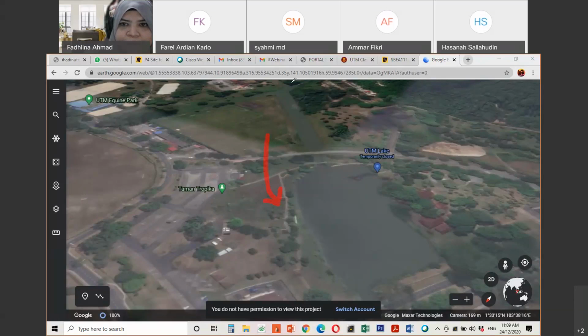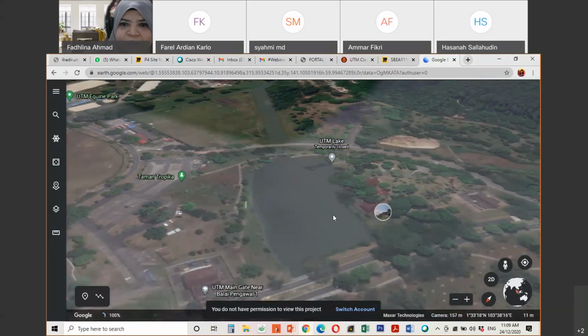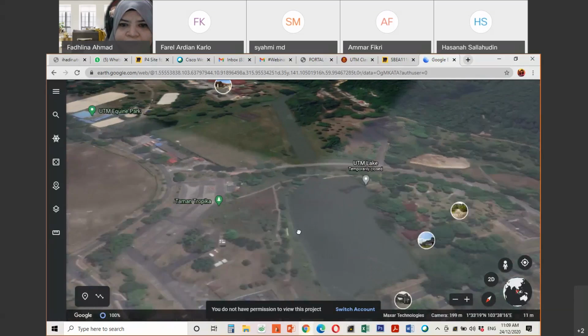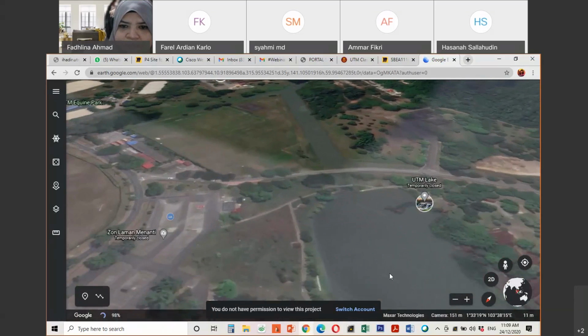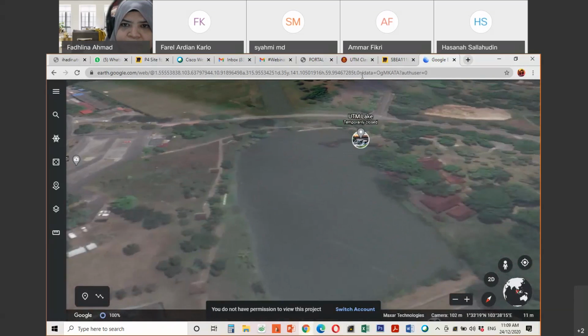I think everyone, you need to click on the link for the Google Earth so that you can view from the bird's eye view, from the top. You can see this is going to be your site. This one is site B. This one is site A. The one next to it is site A.